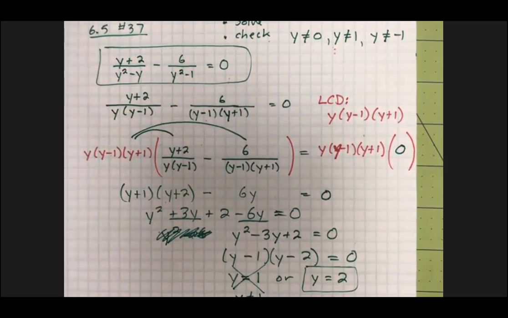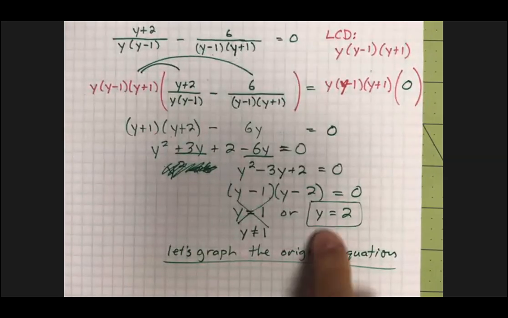So I'm just saying to myself, why don't we graph this equation? And let's find out why 1 is forbidden. And let's find out why 2 is an answer.